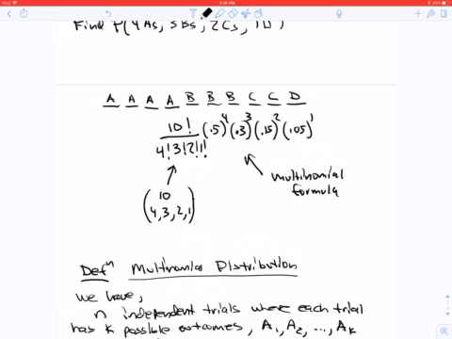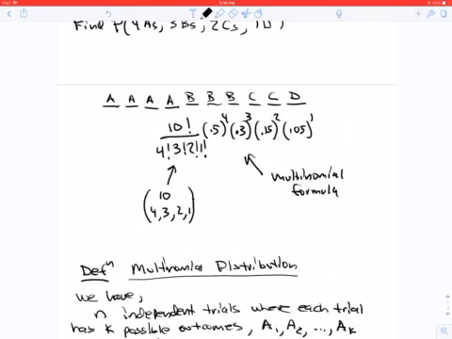Now, there's no assumption that A's have to come first and so on. So we're going to multiply this by 10 factorial, but then we need to divide by 4 factorial, 3 factorial, 2 factorial, 1 factorial to deal with the 4 A's, 3 B's, 2 C's, and a D. All these factorials, we can write in a nice expression that generalizes choose.